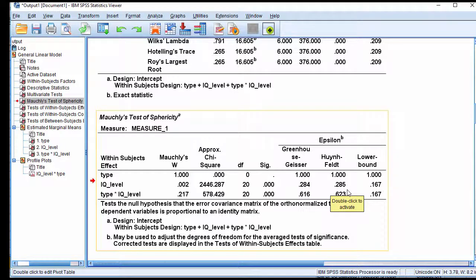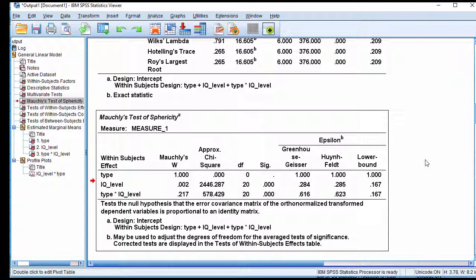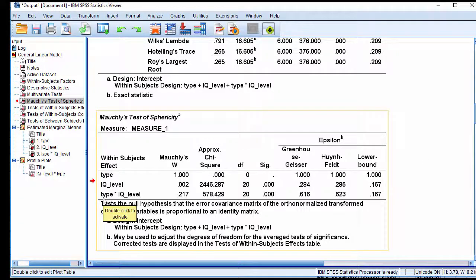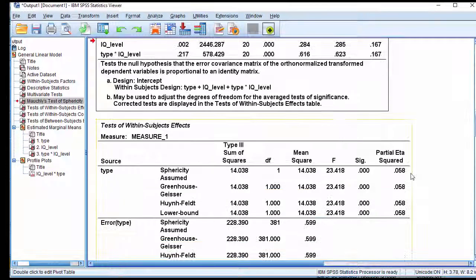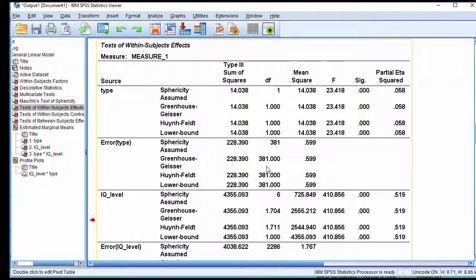So here's the Huynh-Feldt value. It's epsilon. People might call this epsilon. And that is going to be used to help adjust the results in order to render them interpretable. The test of sphericity for the type by IQ level interaction is also significant, so I have to consult the Huynh-Feldt adjusted results. Here is the test of within subjects effects.